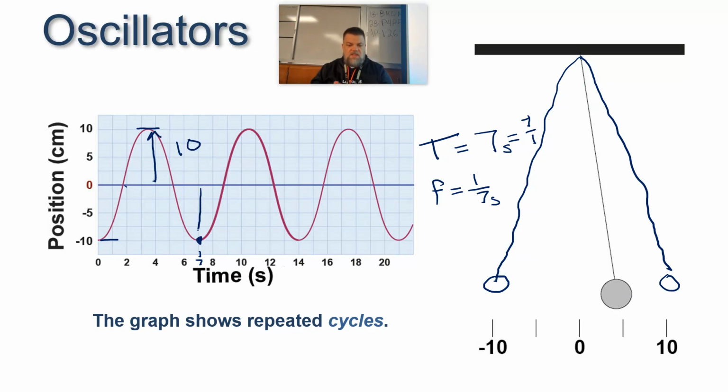Here I'm moving 10 units, but in the negative direction. So we would say the amplitude equals 10. And sometimes we would say negative 10 because it starts as a negative 10. It just depends on the application.